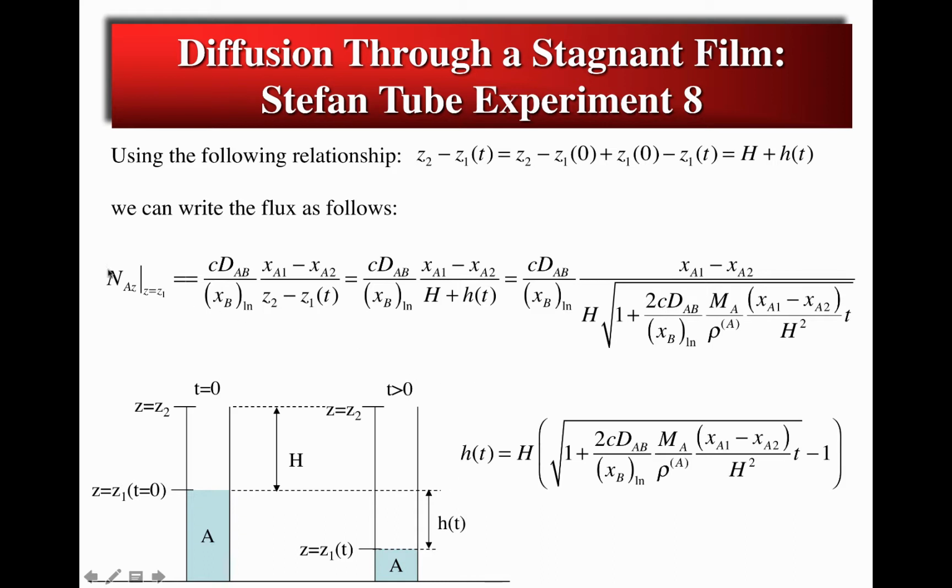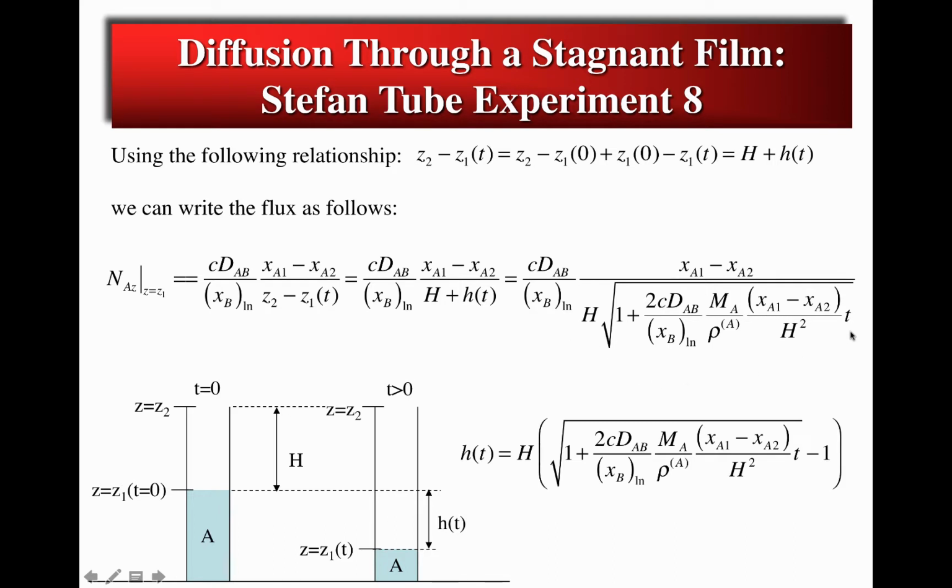And the flux then can be written as shown here. We can then isolate, if you will, the expression for h of T, or solve for h of T as we did on the previous slide. What this shows is that within the scope of this model, the flux of A at this liquid-vapor interface does slowly change with time.